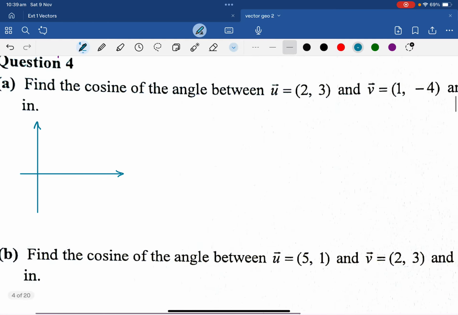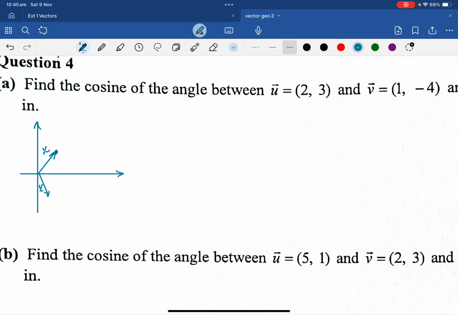See, this is 2, 3, right? So if we start from the origin and go to the coordinate of 2, 3, so 2 there, and then 3 here, the vector is pointing from the origin in the direction of 2, 3. And this is vector u. And vector v, they're saying is minus 1, 4, somewhere like here. Nice. And this is vector v.